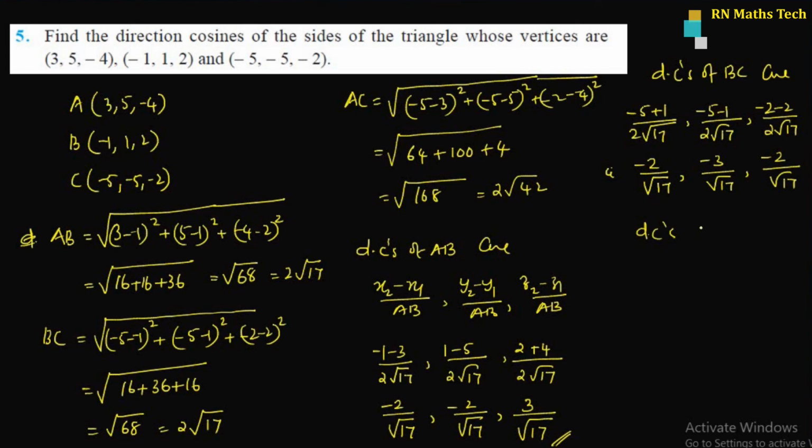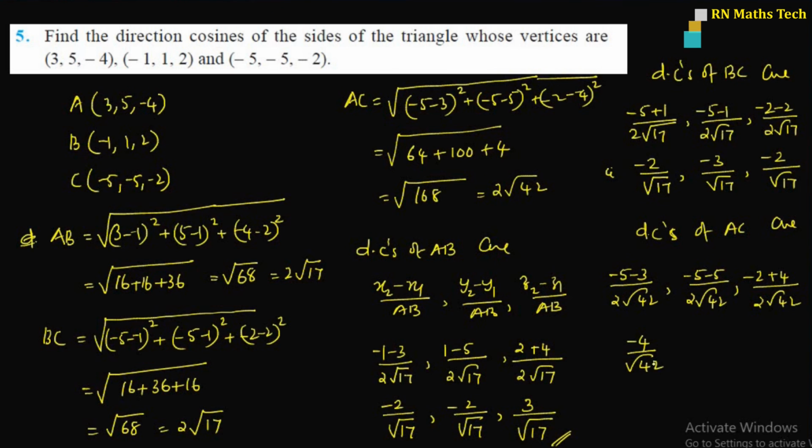Now direction cosines of AC are minus 5 minus 3 by 2 root 42, minus 5 by 2 root 42, minus 2 plus 4 by 2 root 42. That is minus 4 by root of 42, minus 5 by root of 42, and 1 by root of 42.